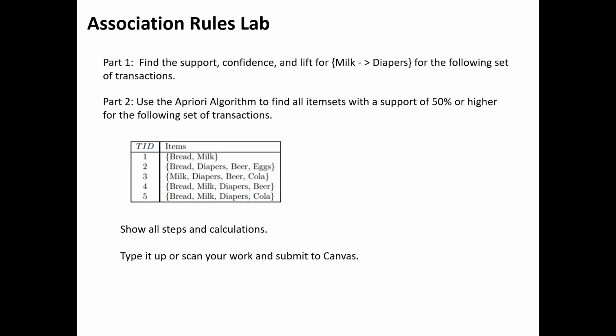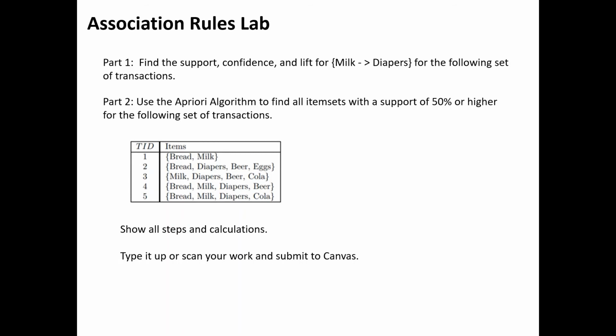If you type it in, then of course you don't have to scan it or take a picture. You can just save it and submit the Word document. But it might be easier if you do happen to have a printer. And if you don't have a printer, here's another option too.